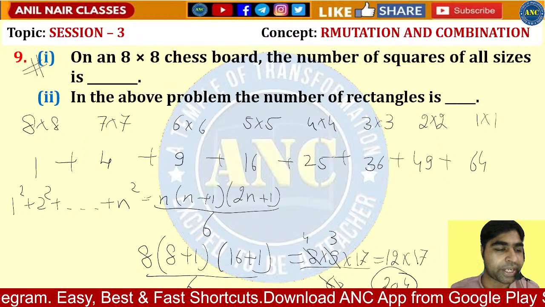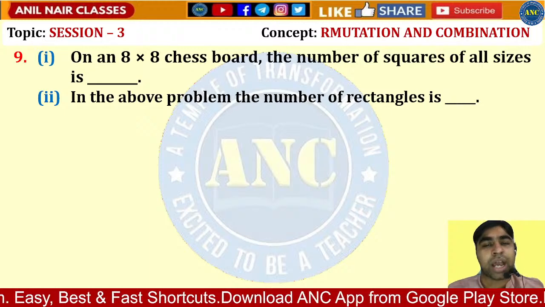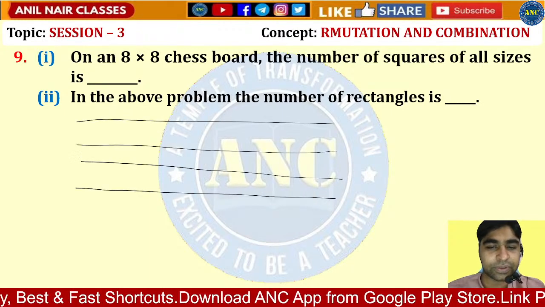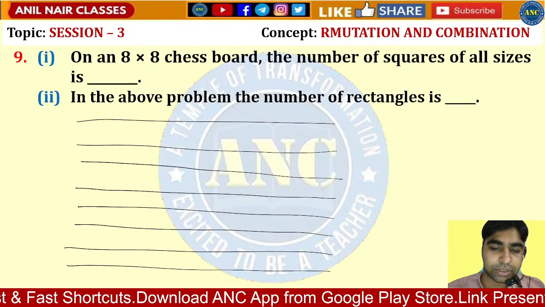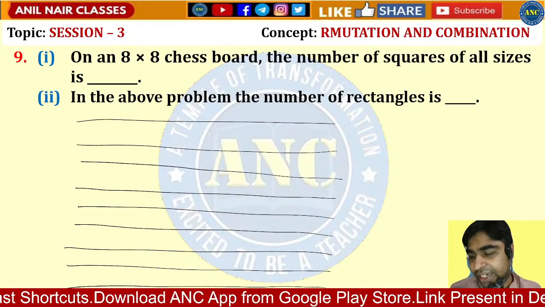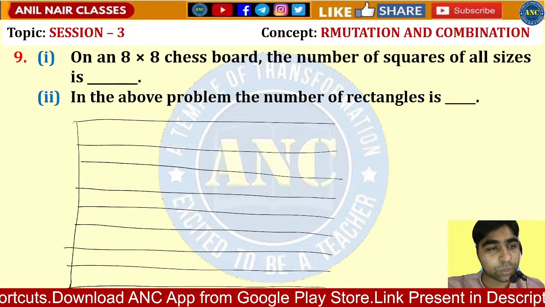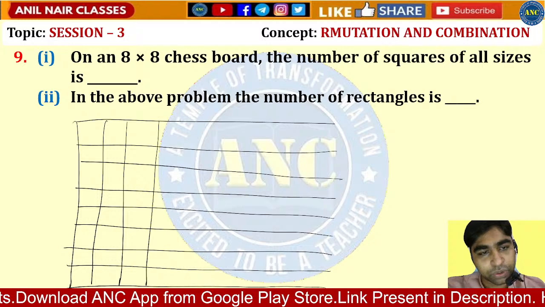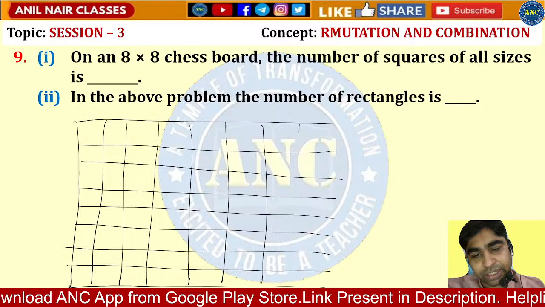How many rectangles? To make an 8x8 chessboard, I need 9 lines like this, and also 9 lines like this. 1, 2, 3, 4, 5, 6, 7, 8, and 9.